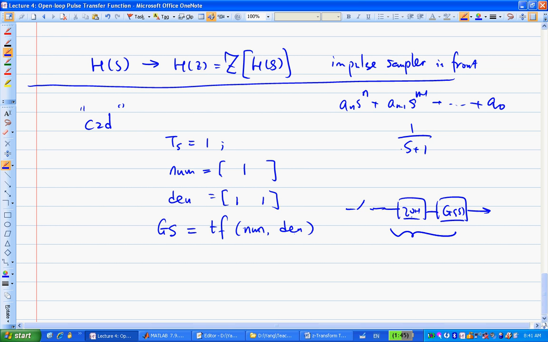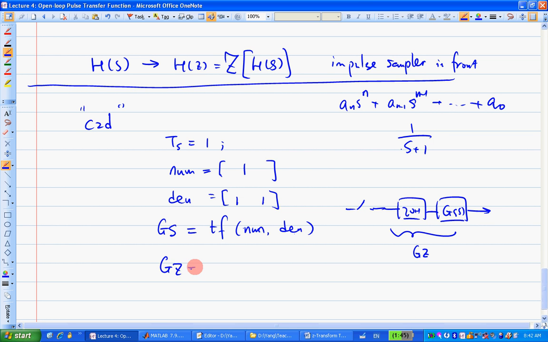So there are two ways to obtain the Z transform. Let's say I call this G of z. Ultimately, I want to obtain a G of z corresponding to the two blocks here.